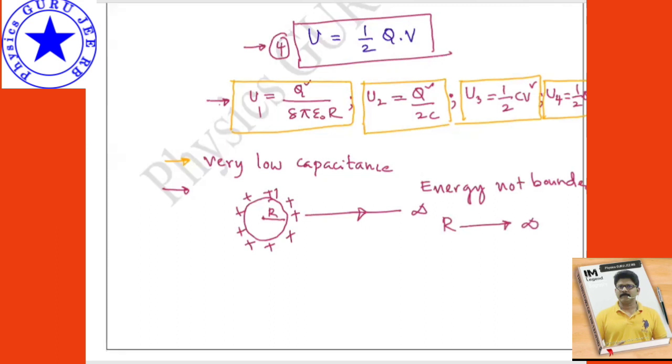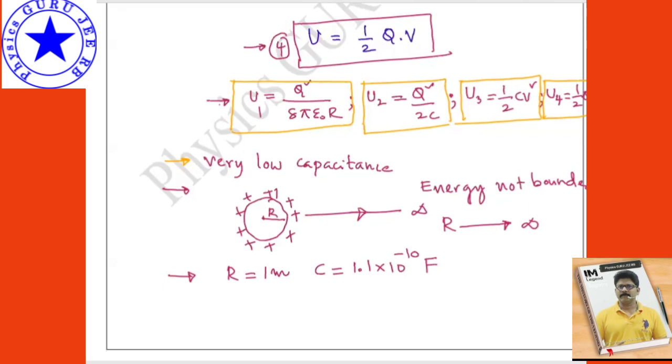So what we require is bounded energy. If I take R equal to 1 meter, even then the capacitance I can obtain is 1.1 into 10 to the power of minus 10 farads. So very little we are getting. So this is the drawback in spherical capacitors.